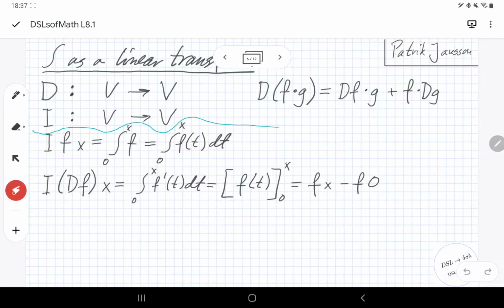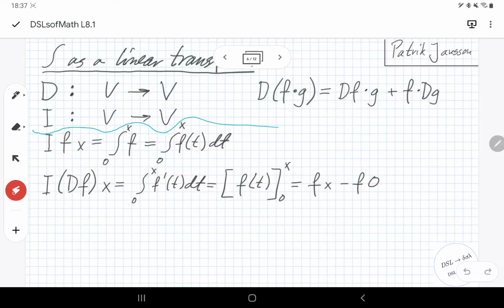And if you remember the notation for integrals, if you have something that you want to integrate, then you use these brackets with the upper and lower limit, and you put the indefinite integral here, which for f prime is the expression f. And then you insert x for t and 0 for t with the subtraction. So the top end minus the lower end.